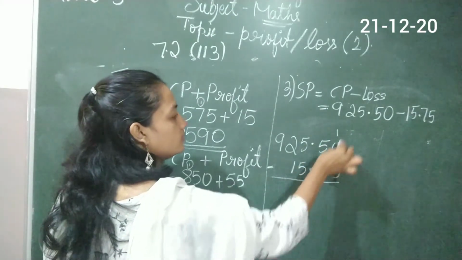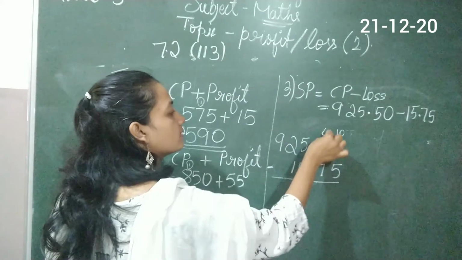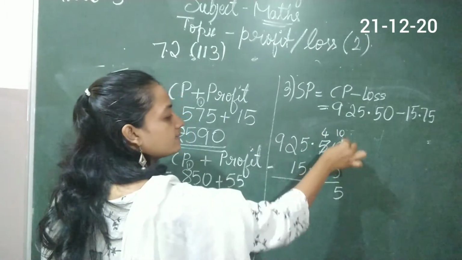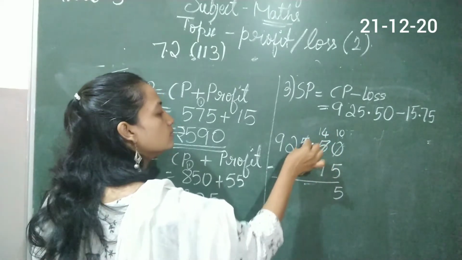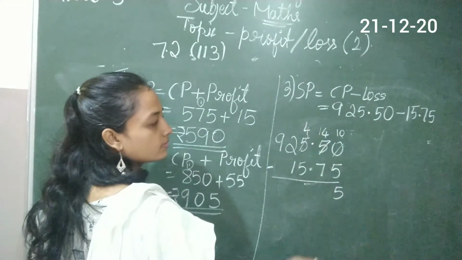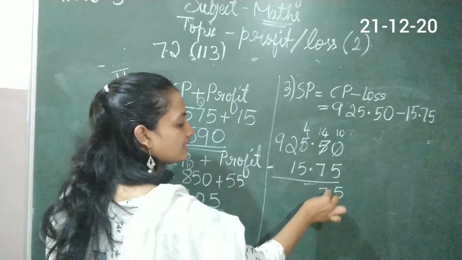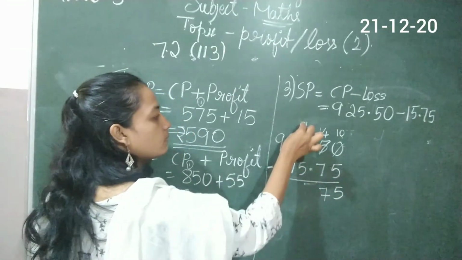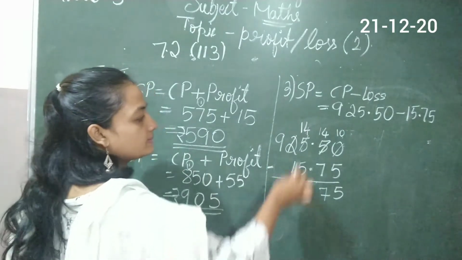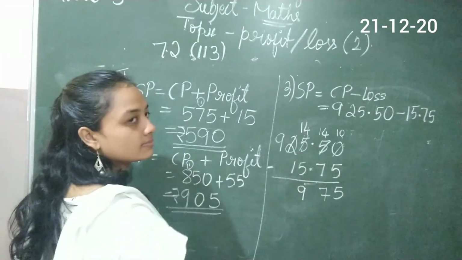So borrow, I get 10 minus 5 is 5. 4 minus 7 I can't do. So again borrow. 14 minus 7 is 7. 4 minus 5 I can't do. Again borrow. 14 minus 5 will be 9.